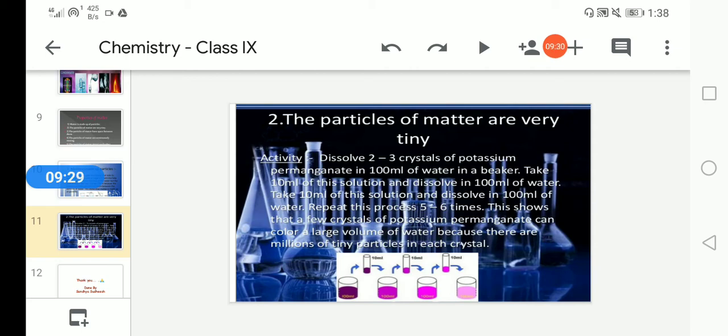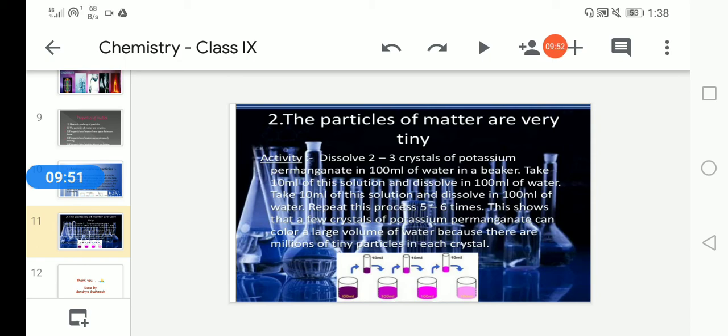We have taken only 2 to 3 crystals of potassium permanganate, but it can cause a highly intense color in each of the beakers. This is because each crystal contains millions of particles.